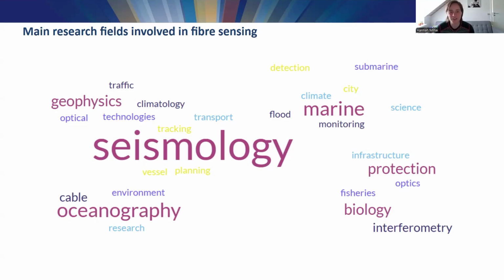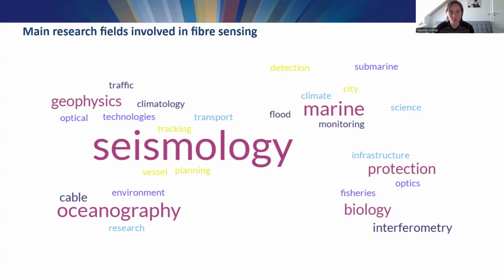So with seismology, that makes sense because once the earth is shaking, the cable is shaking along, and then the signal is changing. With oceanography, it's the water around the cable. If the water is moving, the pressure can change in the cable, and this is also measurable. And with the marine biology, it's whales or other big mammals moving over the cable, moving the water, and making this motion measurable.